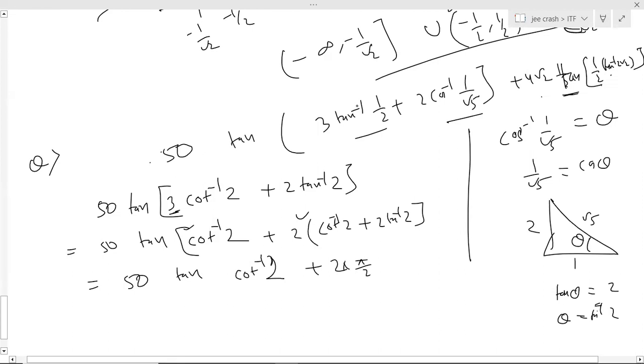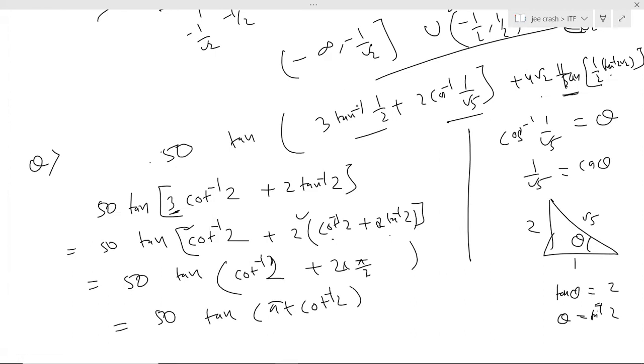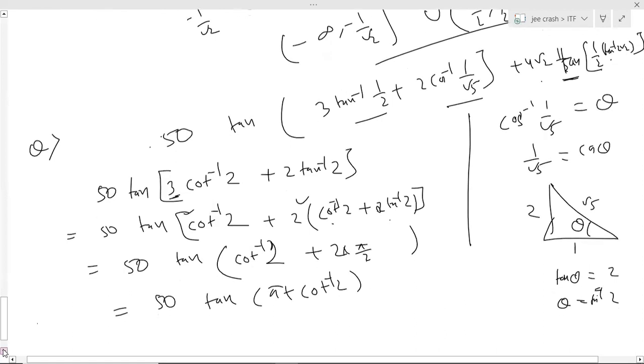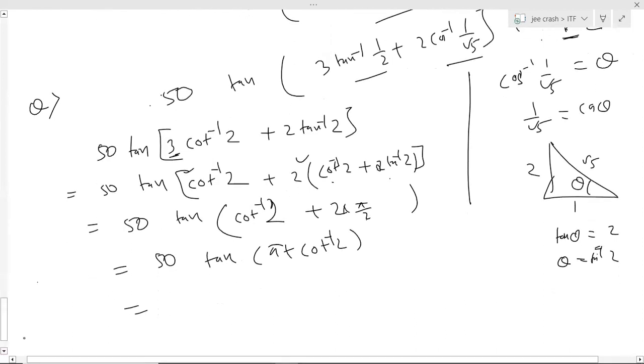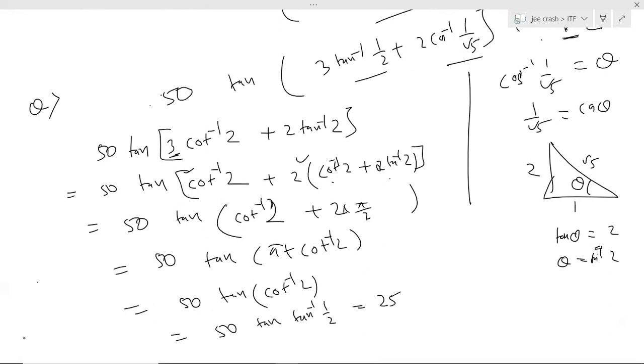Taking 2 common, we can say cot inverse 2 plus tan inverse 2 is pi by 2. So 2 times pi by 2 is pi. So what this becomes is 50 tan of pi plus cot inverse 2. And tan of pi plus theta is tan theta. So this is 50 tan cot inverse 2. So 50 tan inverse 1 by 2. So 25. Is it clear, everyone?